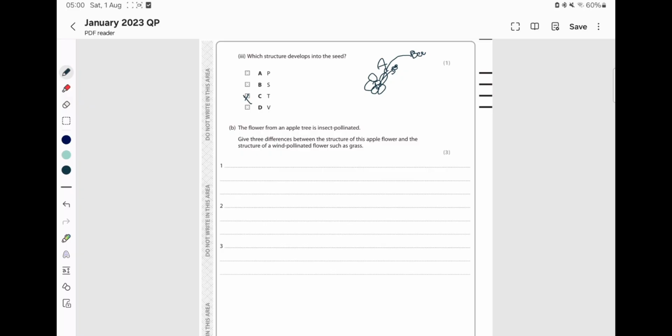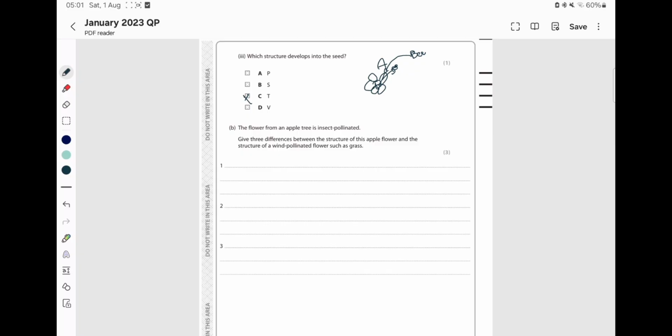That can be in the same plant, which is self-pollination, or into 2 different plants, which is cross-pollination. But how would the structure of an insect pollinated flower differ from a wind pollinated flower, which gets its pollen transferred by wind?